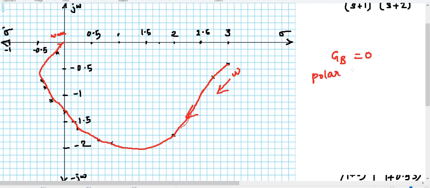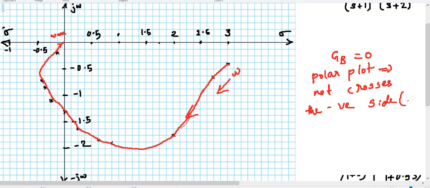Since the polar plot does not cross the negative side, or minus sigma side, of the real axis, we can say that GB, the magnitude corresponding to the crossing point, is actually 0.